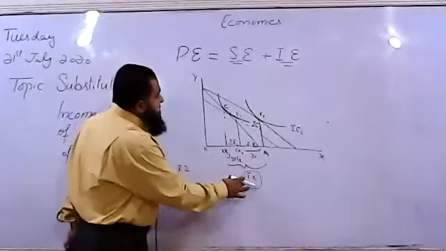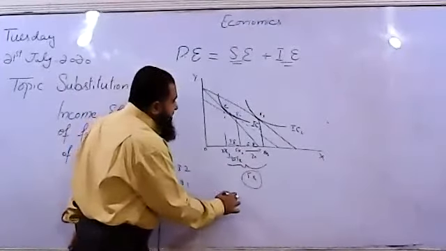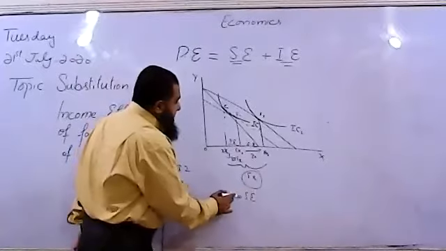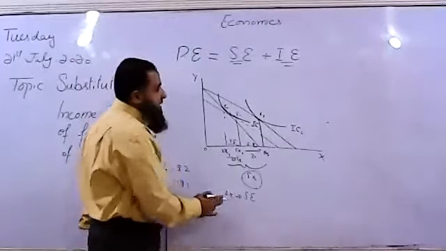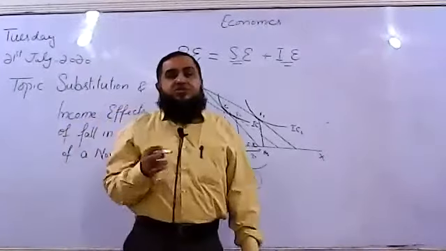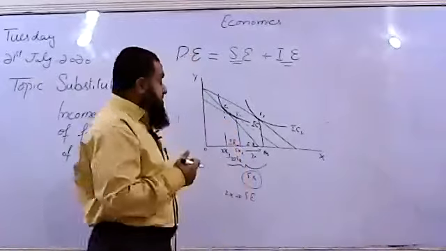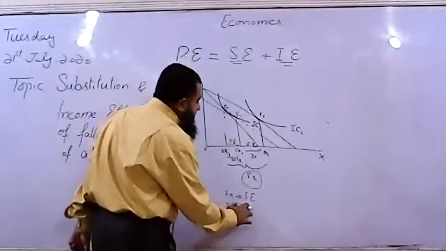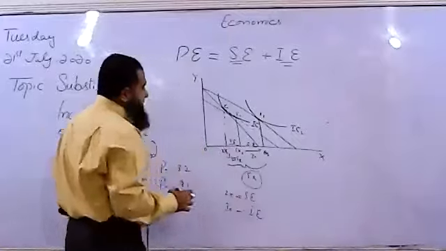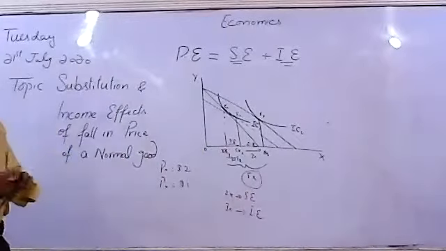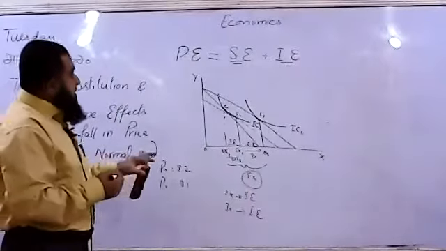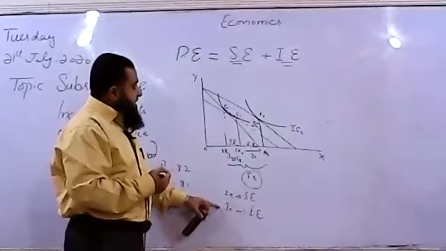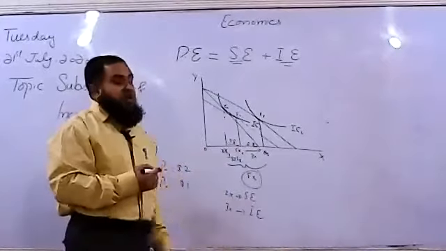So out of these 5, the 2X are showing us the substitution effect. He is increasing the consumption of commodity X due to the substitution effect by 2 units, and the remaining 3 units, they are increased due to increase in the real income of consumer. So we can say the real income has increased, therefore consumer is buying more of X.